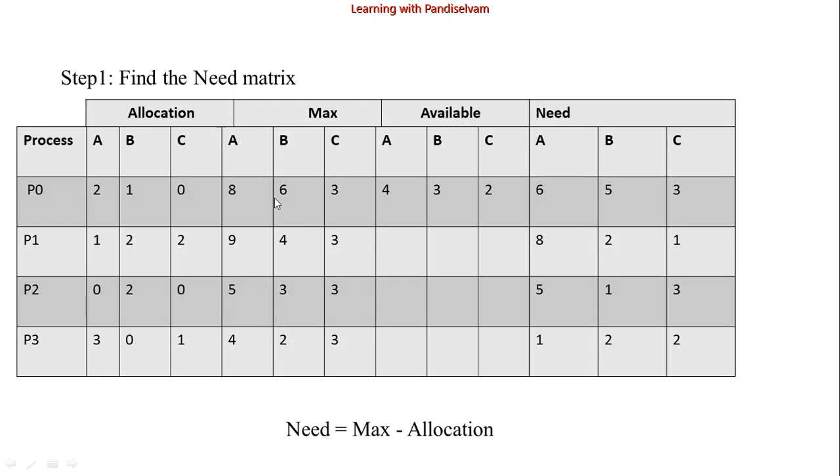So we get 6, 5, 3. Like that we subtract maximum minus allocation for each process, so we will get the need matrix, the easiest one.